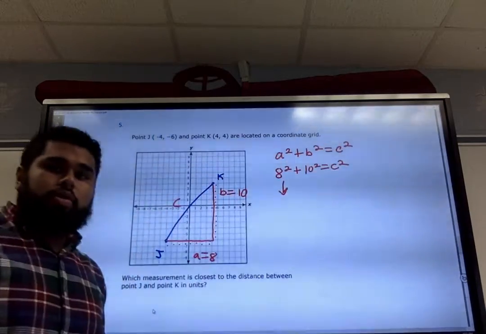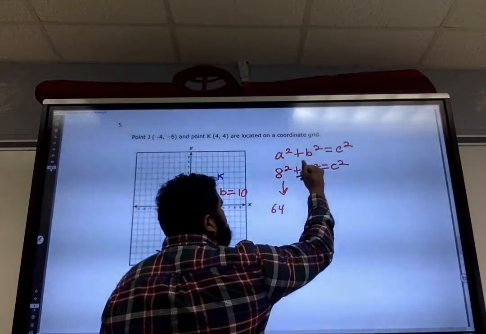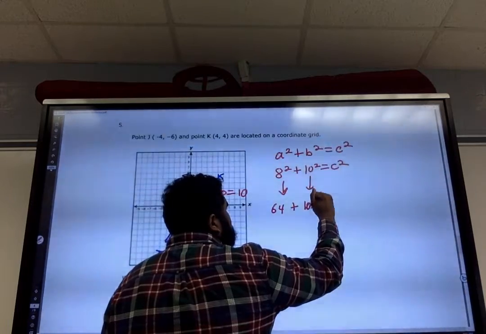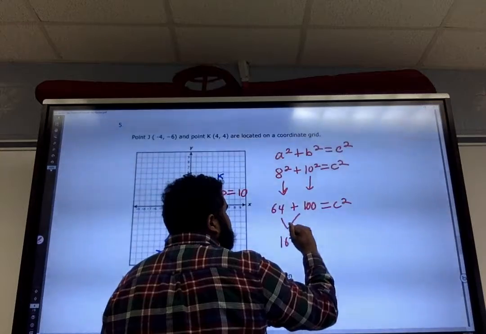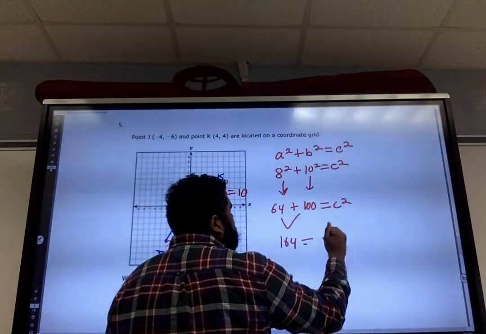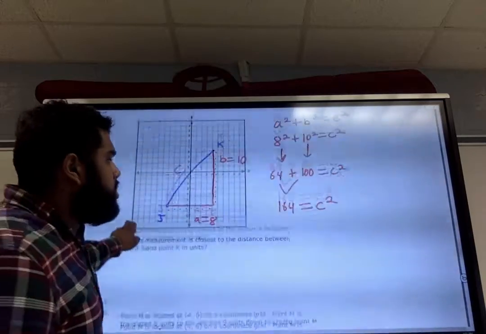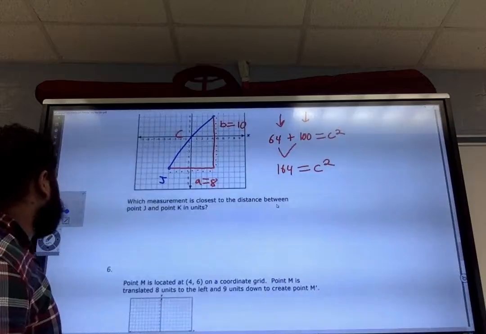8 squared is 8 times 8, which is 64, plus 10 squared. 10 times 10 is 100. I add these two together. 164 equals C squared. And then, like always, your last step is to take the square root of both sides of the equation.